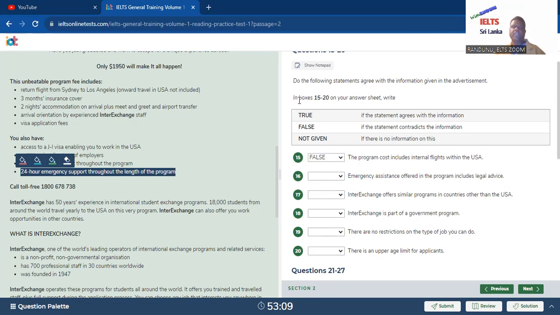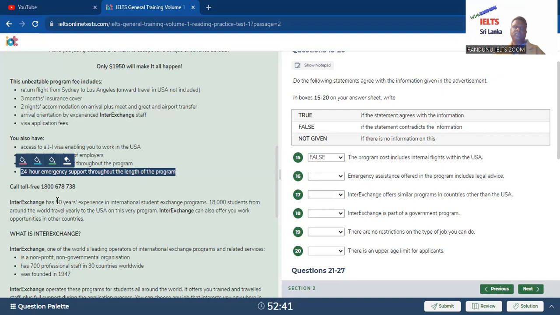You don't need to read everything, just go down and read. No, because they are given in the order. So emergency, they are talking in this line only. Apart from this one, you can't find anywhere else. They are talking about emergency assistance, but nowhere they have mentioned legal advice.